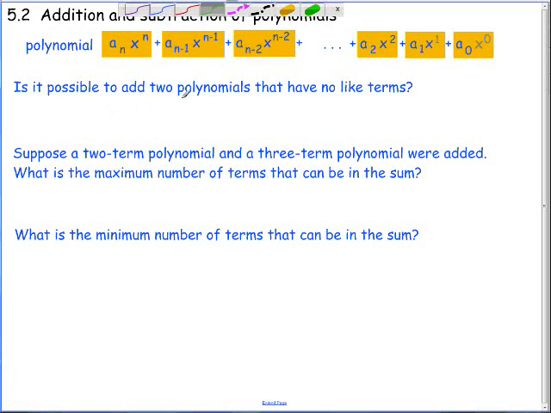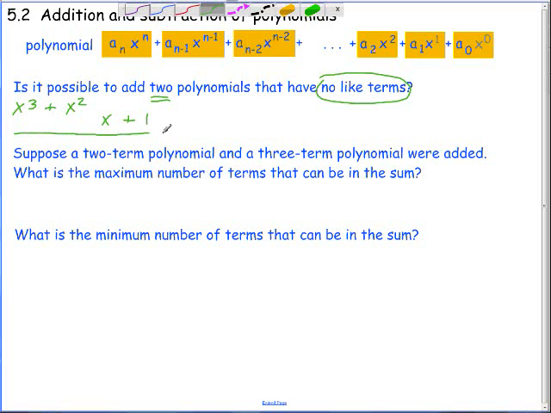Is it possible to add 2 polynomials that have no like terms? Well, consider 2 that have no like terms. Suppose I had x cubed plus x squared, and I wanted to add x plus 1.